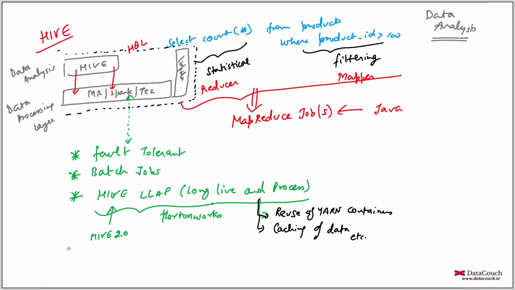Hive provides very good support for extending the framework. An example is we have SerDes, serializer and deserializer, and then we also have support for a lot of data formats. Apart from that, you also find user defined functions. So there are so many things provided by Hive.